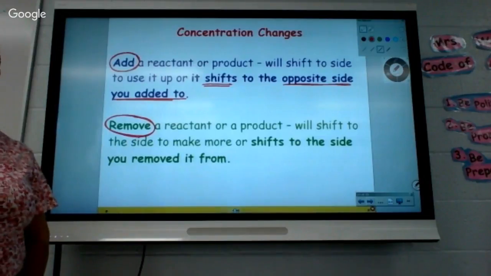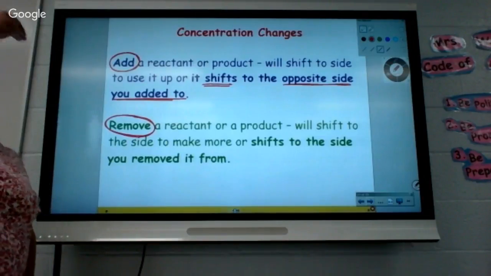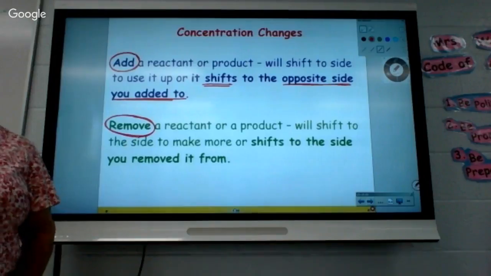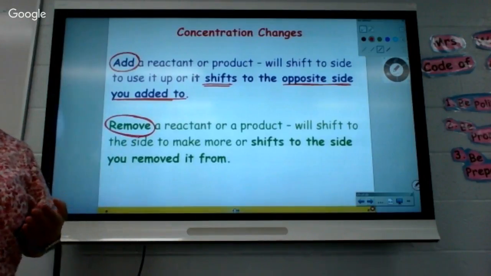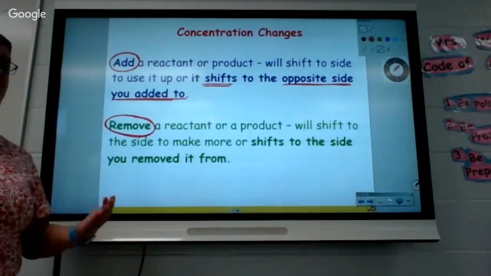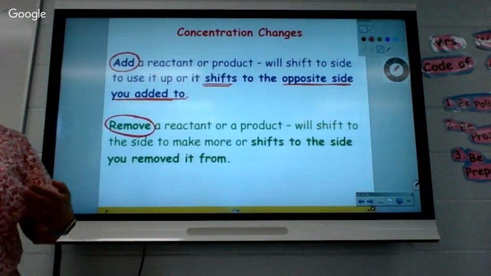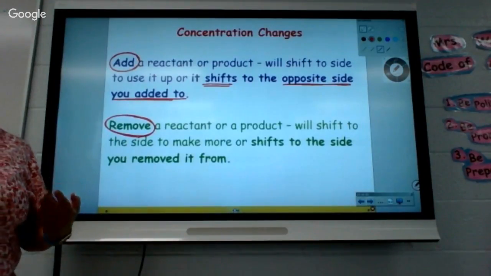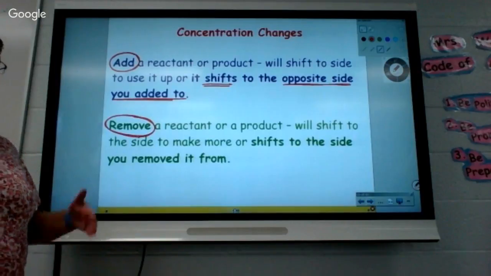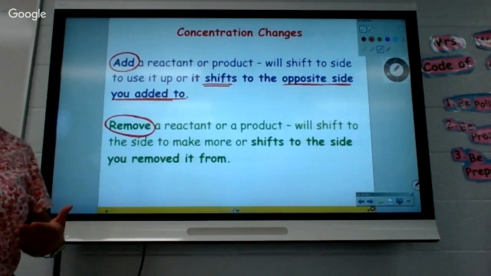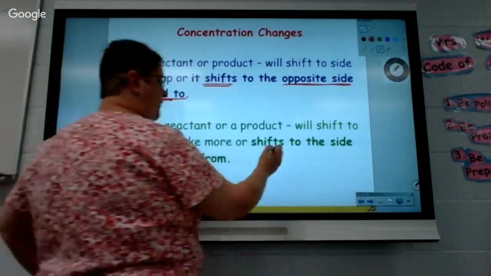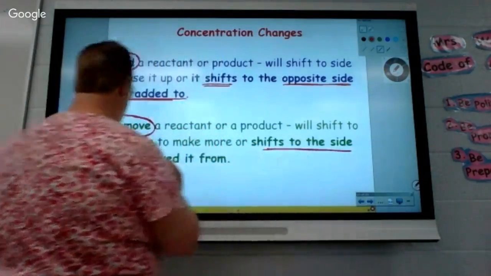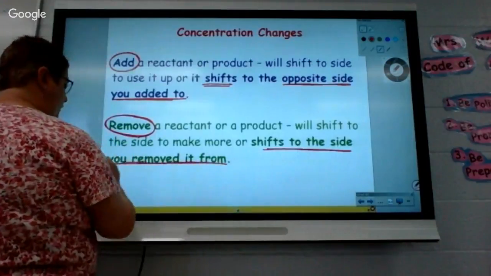Remember, you're at equilibrium. We just sucked out part of what you had. The reaction is trying to make more and replace it. Again, do you have to know that piece? Not necessarily, but it's important if you're going to go on in chemistry. But if you just want to get the question right, you need the bold part. You have to shift to the side you removed it from.